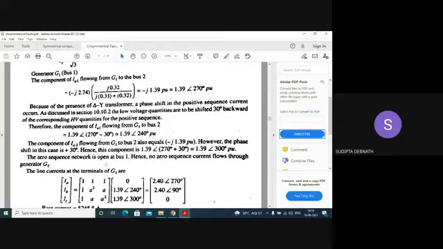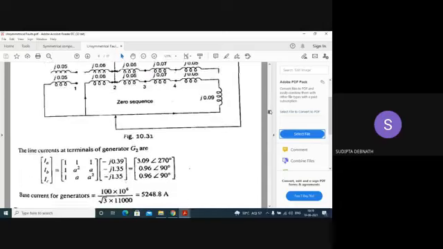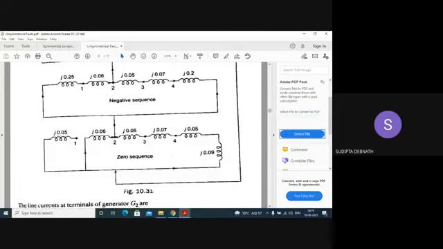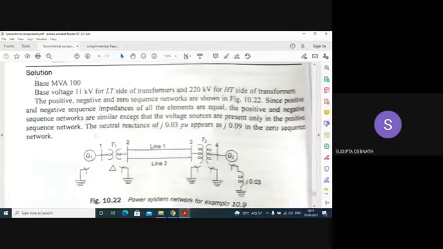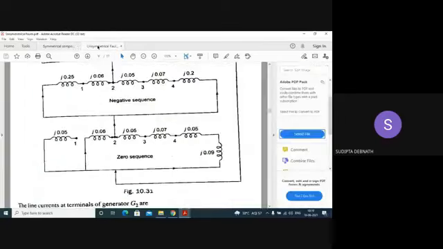So the positive sequence current will be this one, negative sequence current will be this one, and the zero sequence network is open at bus 1. See from here, why is the zero sequence current 0? Because this is the generator terminal. Generator terminal means terminal 1, but this is disconnected. Why? Because it is delta connection. So there is a break. So no zero sequence current can flow from the generator terminals.